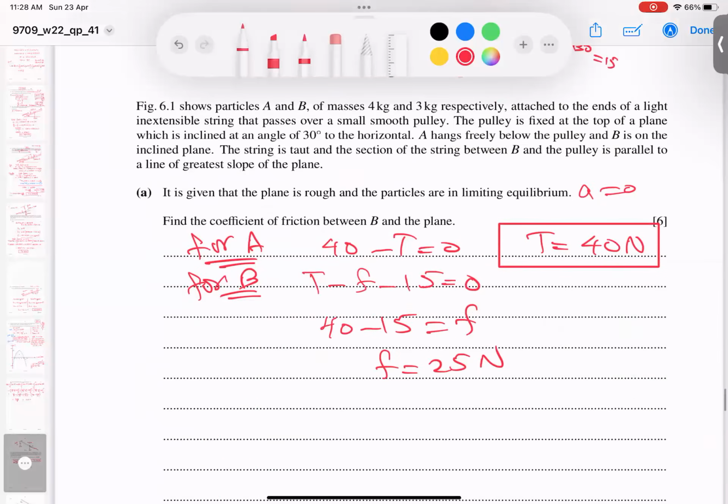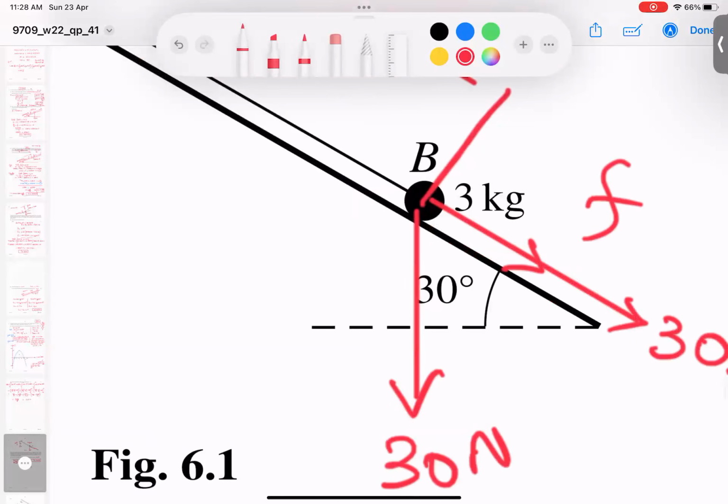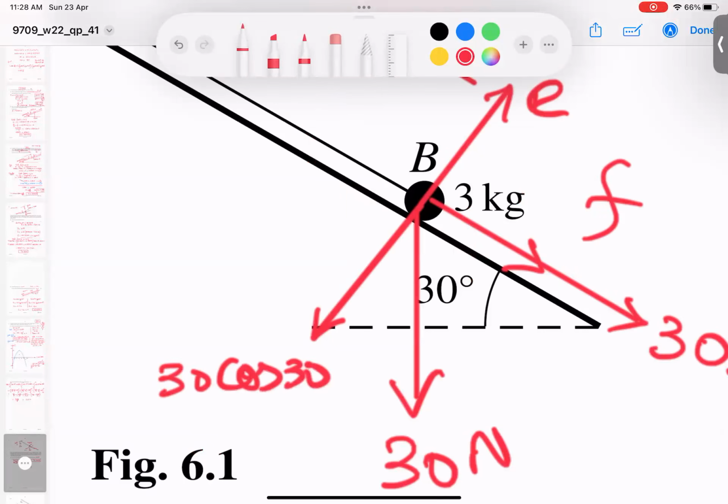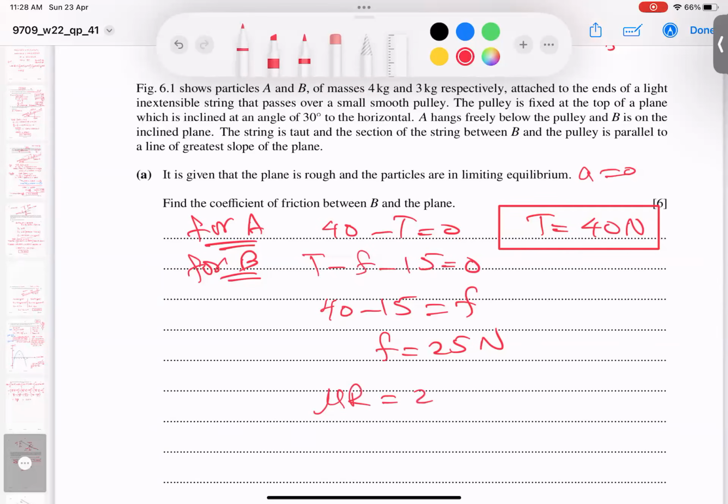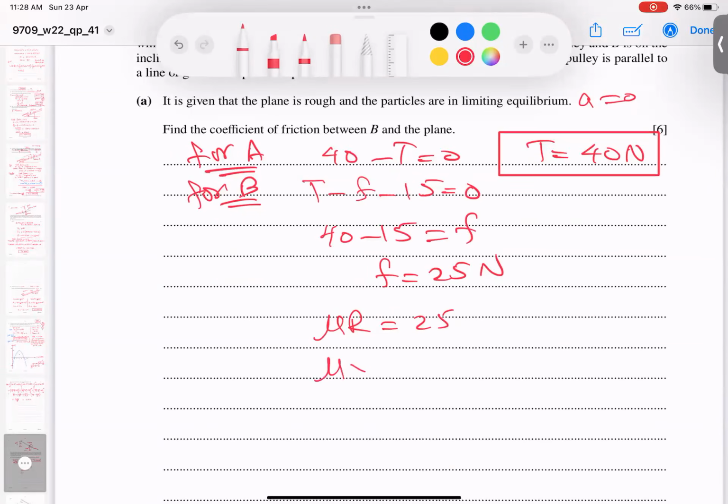So it is very clear that friction is equal to mu R. What is R? This becomes 30 cos 30. So I'm going to plug in here: F equals mu R equals 25. Mu is unknown, R is 30 cos 30.